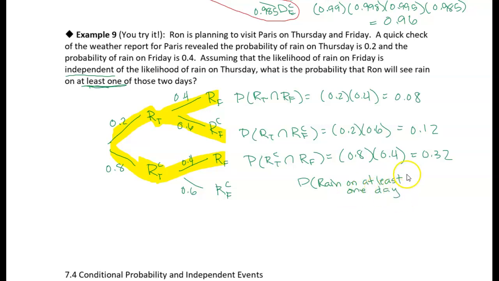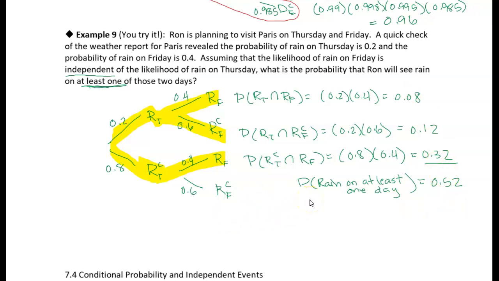Okay, let's write it the long way. It's just going to be the sum. So I'm just going to draw a line because I'm just going to add up 0.08, 0.12, and 0.32, which gives me 0.52. So a 52% chance, right, that Ron will see rain. I'm not going to Paris as much as I would like to. I don't get to go to Paris. So 52% chance that he would see rain on at least one day.